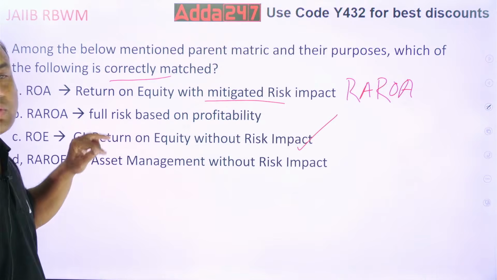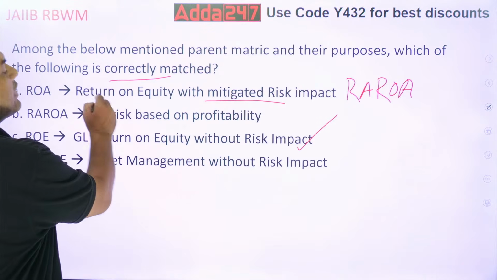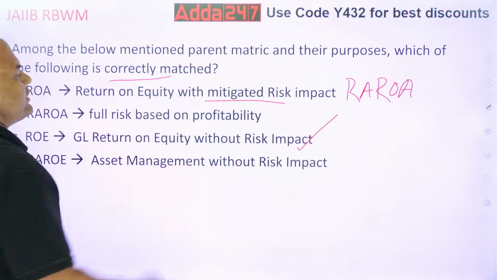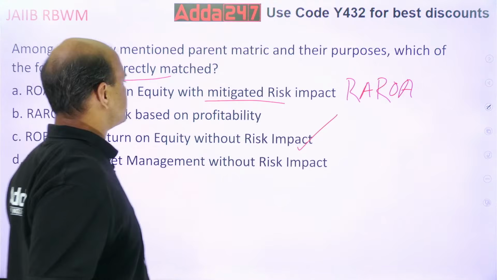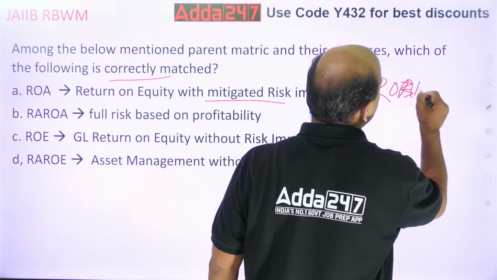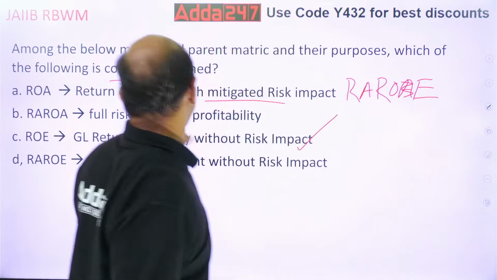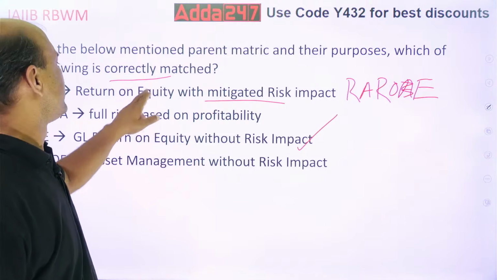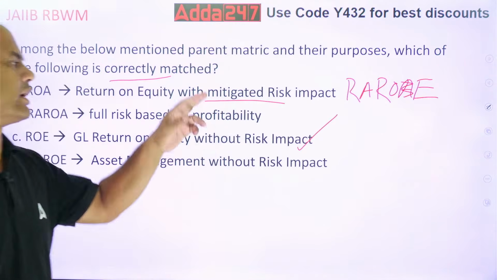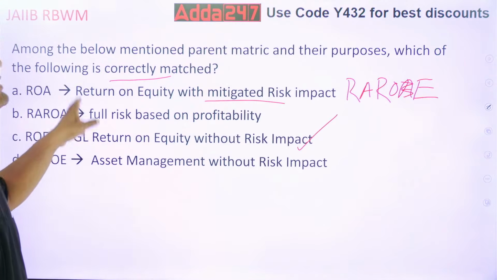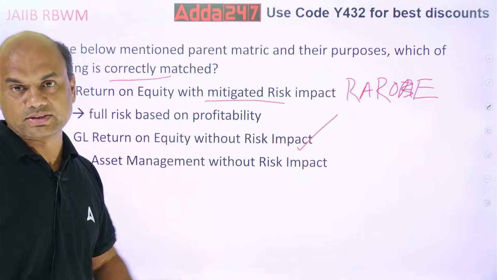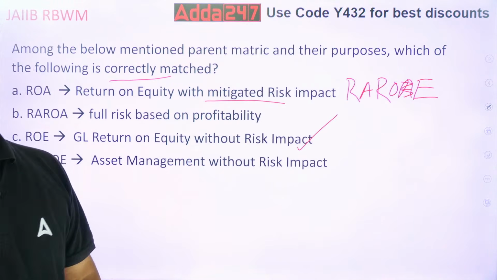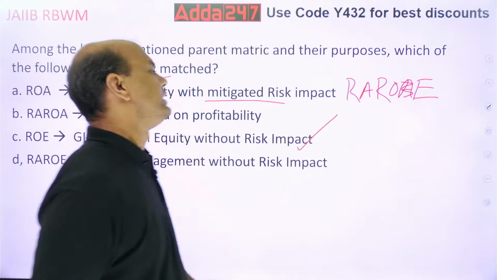No. ROA means return on assets. It actually should be ROE over here, return on equity. So ROA means risk adjusted return on assets. So the answer over here is correct. C.